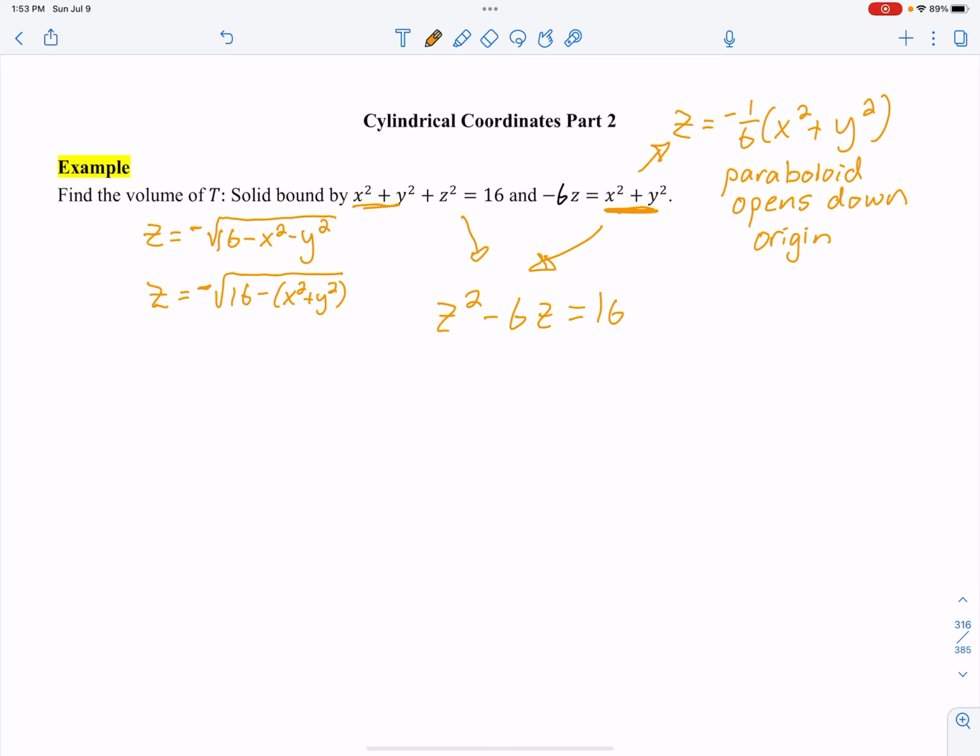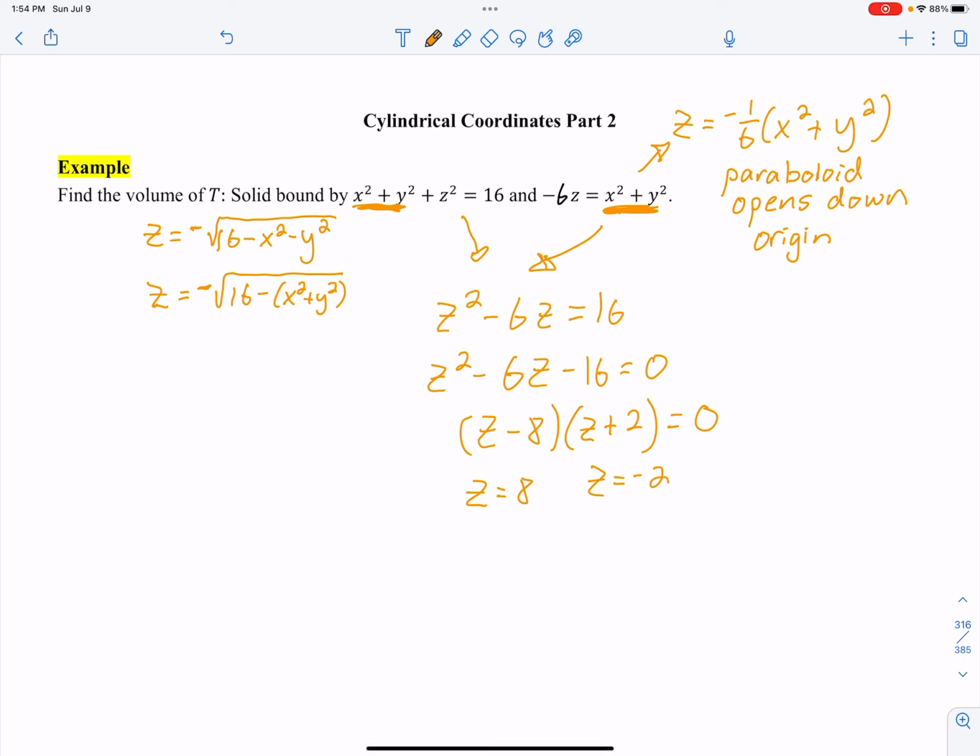I replaced x squared plus y squared with -6z. As you notice now, we only have things in terms of z. We haven't done something like this before, but this is going to tell me the two z's that they intersect at. This thing factors. It's a z minus 8 and a z plus 2, I believe. Yep. Right, so we get two values here, z equals 8 and z equals -2.